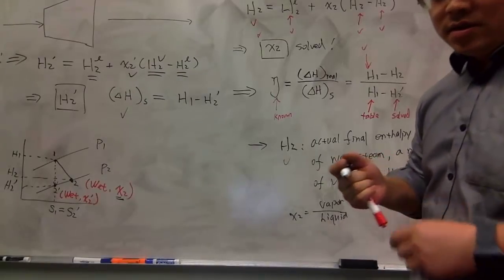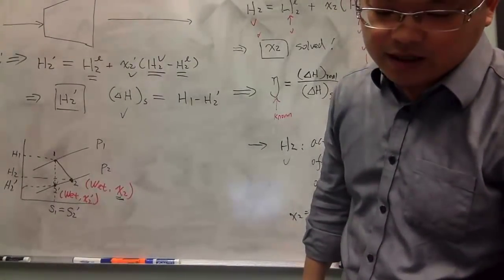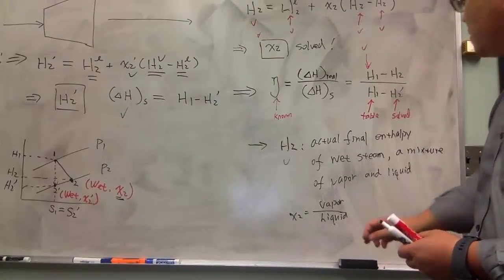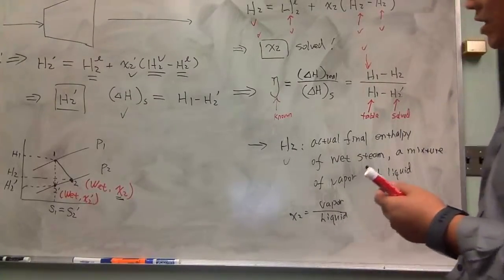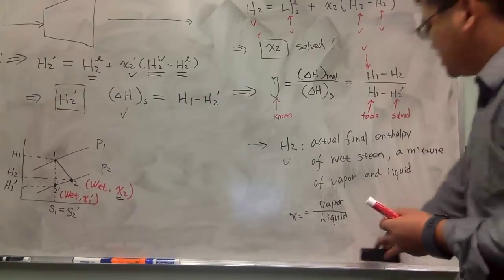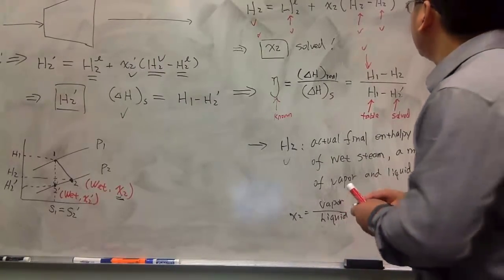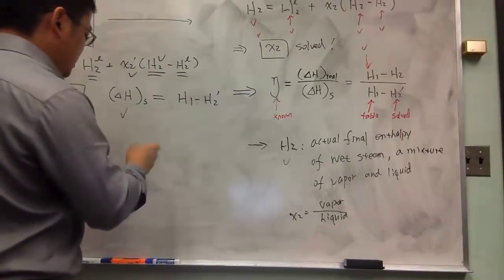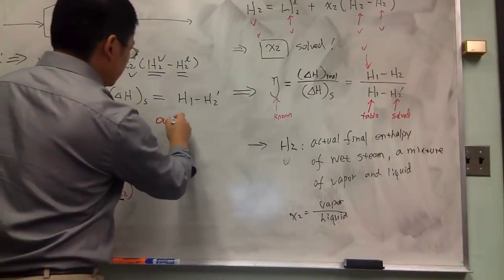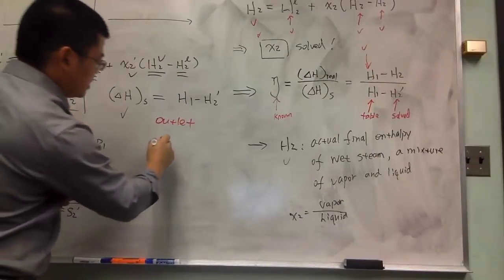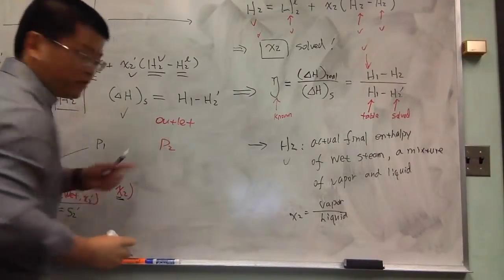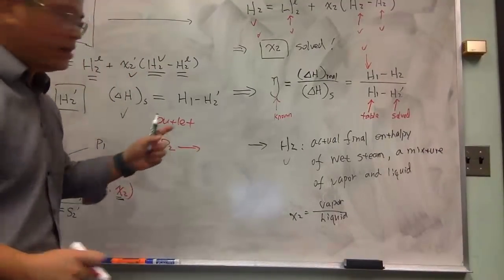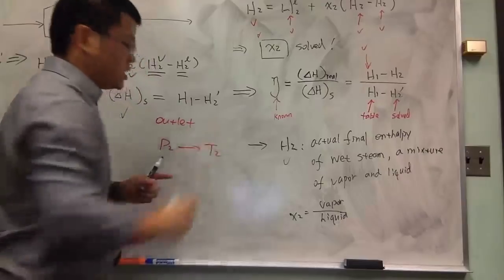Right? So if we have this x2, then we understand what is the state of the outlet. This is because now we know for the outlet, now we know P2. P2 is from the problem statement, and using the saturated steam table, we can read the corresponding temperature too.